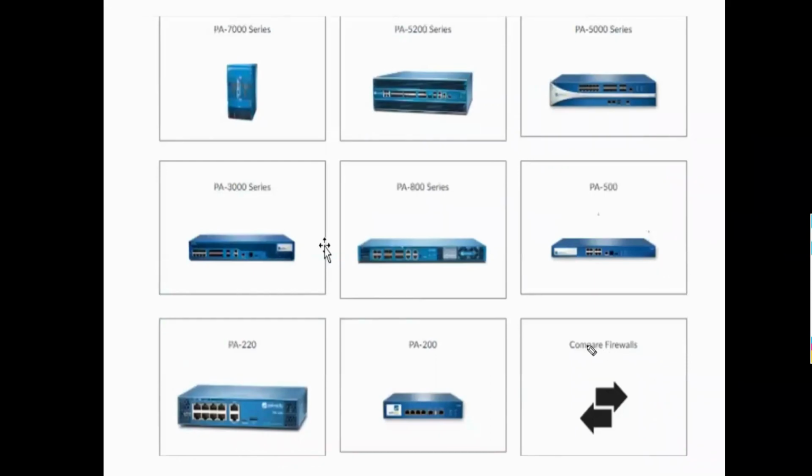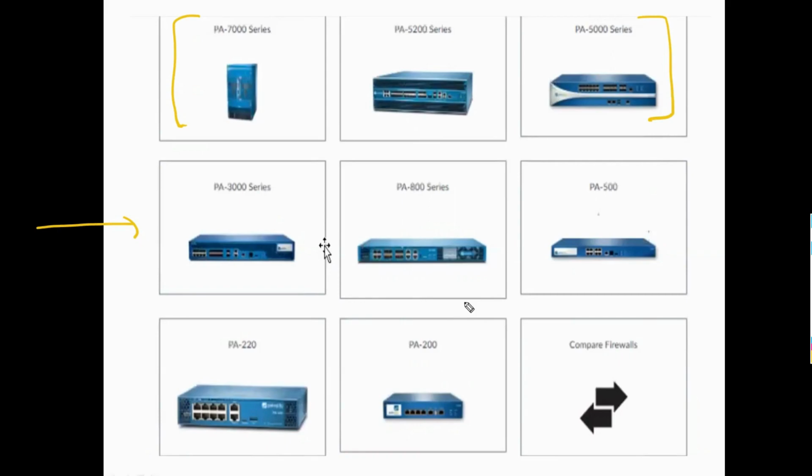If you are working in a data center or a big enterprise organization, you can go with the PA-7000, 5200 or 5000 series of firewall box. In a medium-sized network, you can go with the PA-3000 series, 800 and 500. Guys, these are some examples. If you go and check the Palo Alto website, you can find other series also.